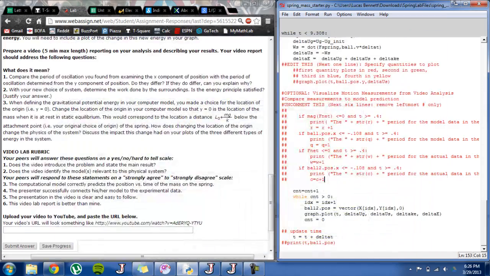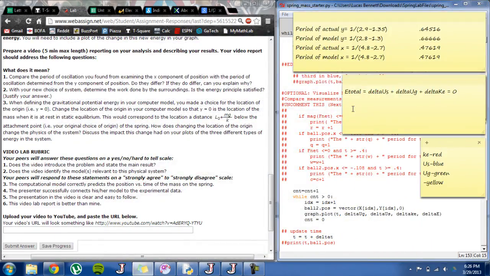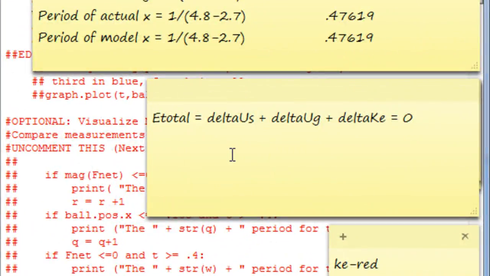So what's important here is that we basically summed up all of our energies, spring potential, gravitational potential, kinetic energy, and they all equaled the energy total. And we'll see that they all cancel out and actually equal 0, because the system is the mass, the spring, and the Earth.